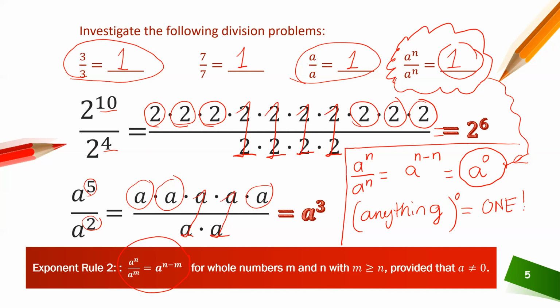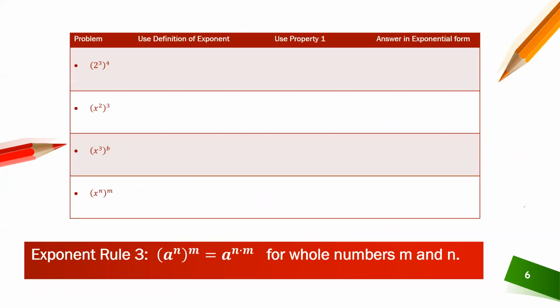All right. Next, we will look at this property here, which said if you have a to the n power, raised to the m power, then we would multiply the exponents and keep the base the same. Well, let's see how that developed out.